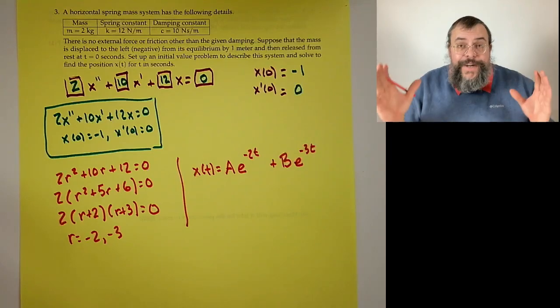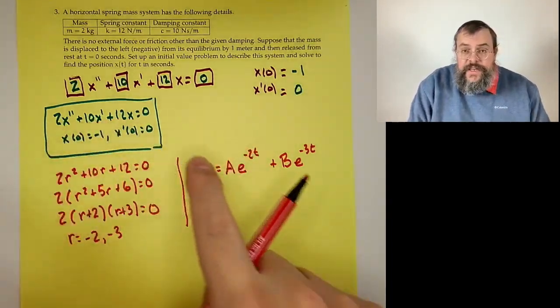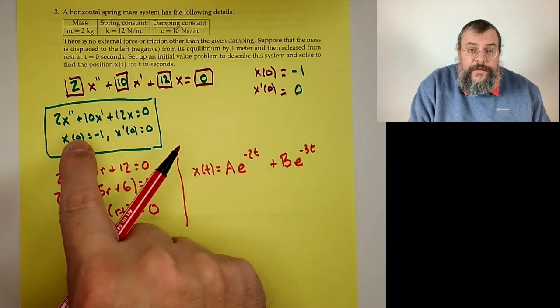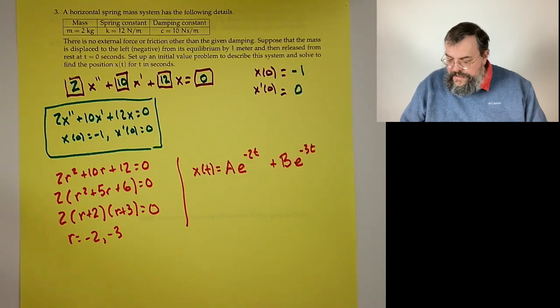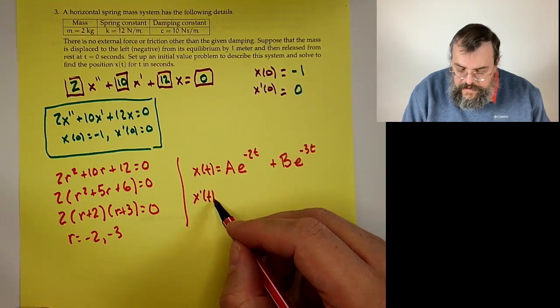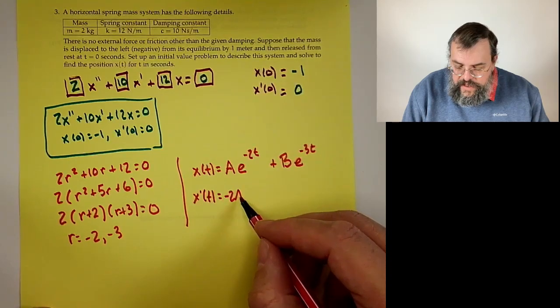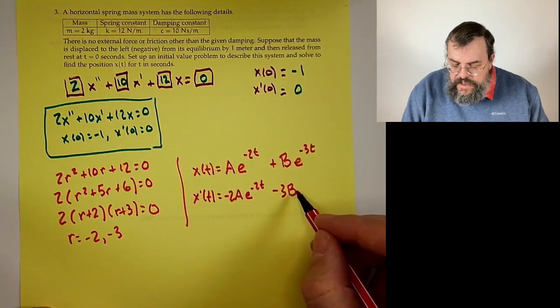Now that's just generic. So anything that has that differential equation has that form. To solve for a and b, we use our initial conditions. So that's x of t, x prime of t, well, that would be -2a e to the -2t, and -3b e to the -3t.